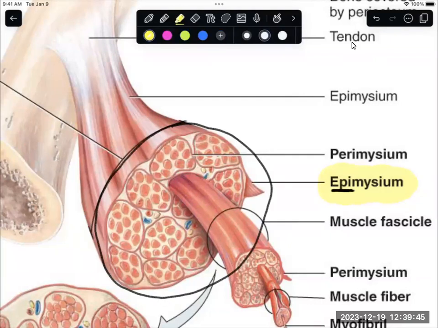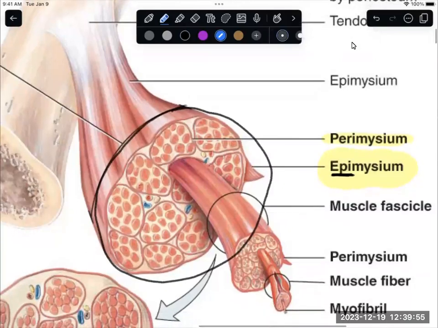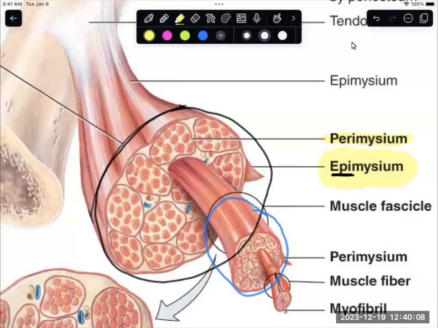Next layer in, perimysium. This perimysium is creating a fascicle. So it is wrapping around a group of muscle fibers. So that perimysium creating that muscle fascicle.